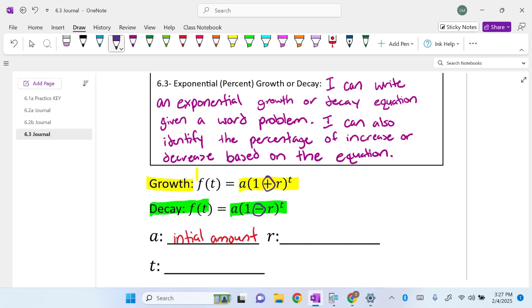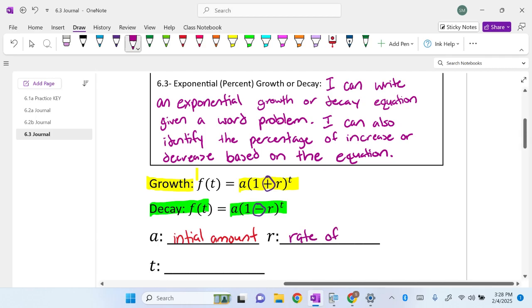Now, r is the percent that you're growing or the percent that you're decaying. So we call that your growth or decay rate. That is the actual percentage by which you are going to increase. So your r is your rate of growth or decay.